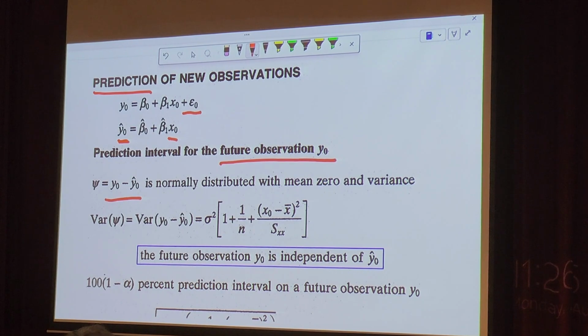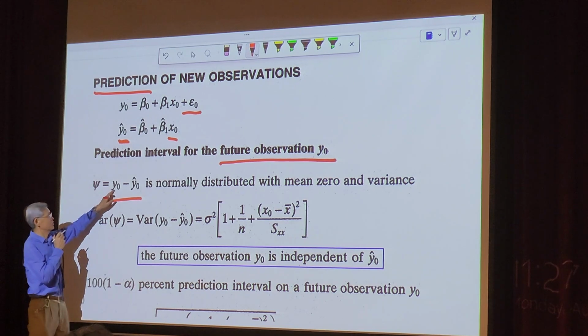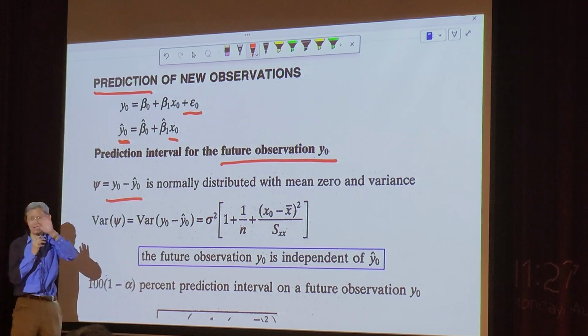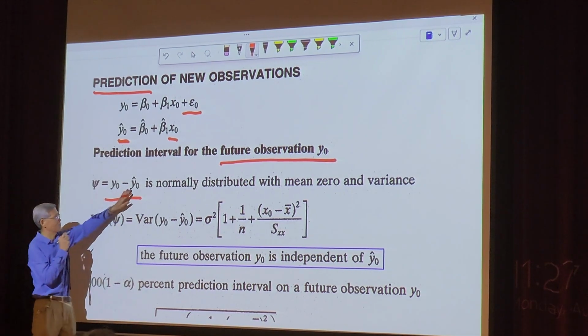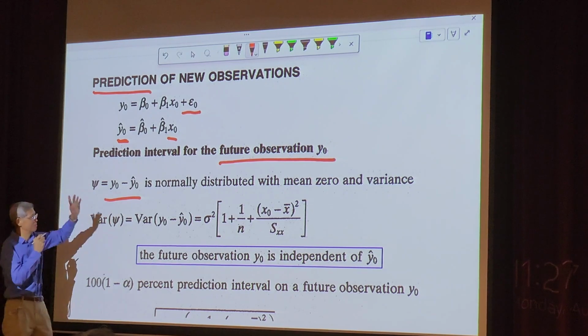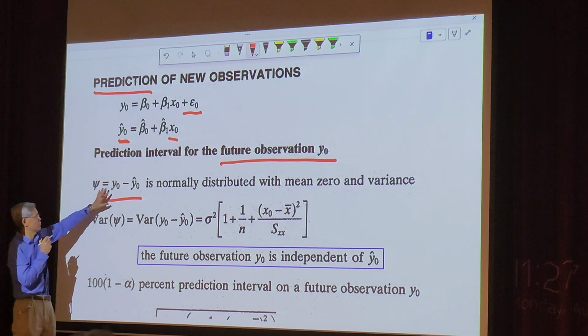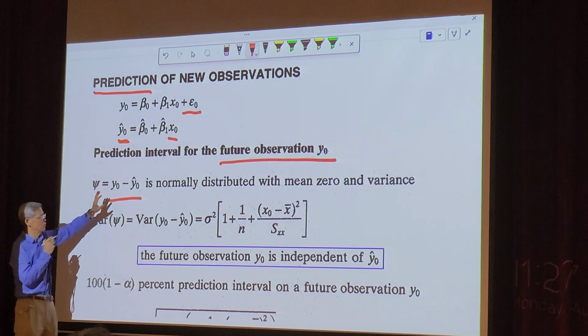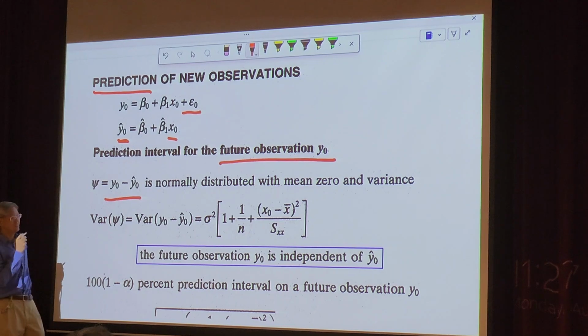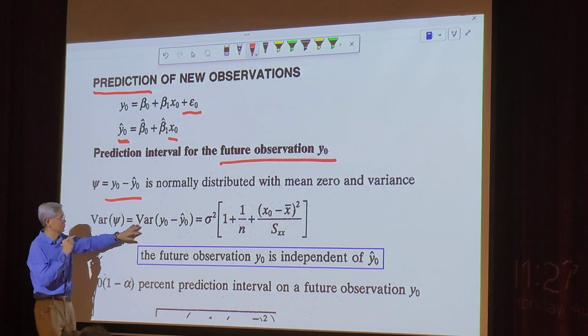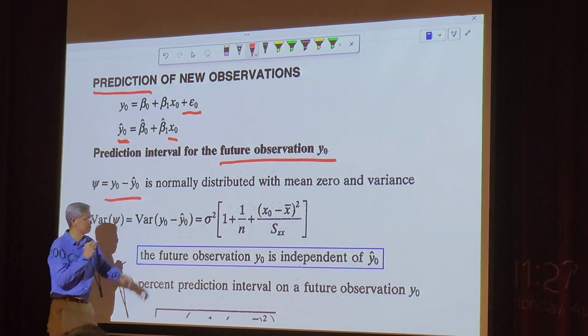This quantity, y0, is the future observation. This y0 hat is what I predicted, what I think his monthly salary is based on my model. And so I'm going to use this to help me find the variance, and hence the confidence interval. So I need to find the variance of this.